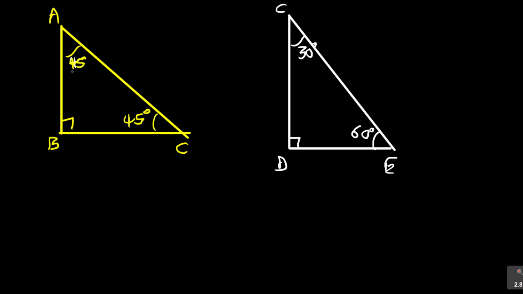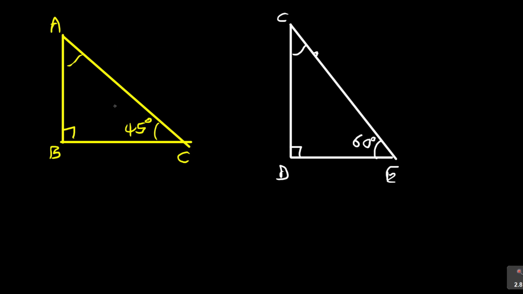Remember, sum of angles in a triangle add up to what? Add up to 180. So how do you come up with a special angle triangle? The first thing is to identify, whenever they give you a triangle, which one is your opposite, your adjacent, and your hypotenuse.